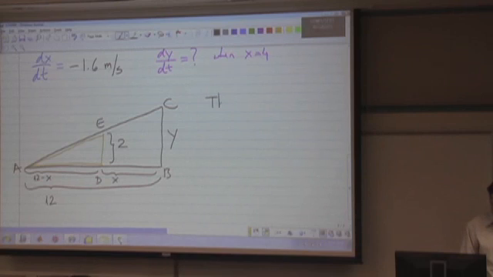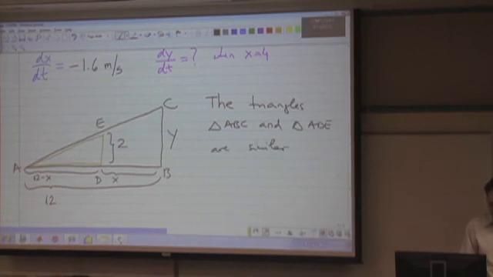the triangles, triangle ABC and triangle ADE, are similar. Geometry. That tells you that 12 minus x divided by 12 has to equal 2 divided by y.